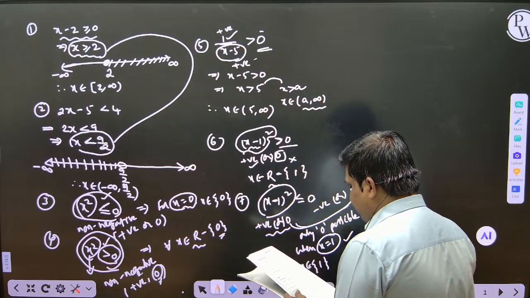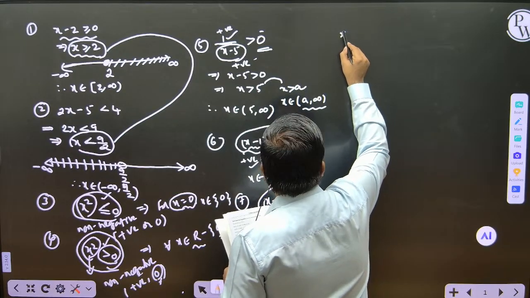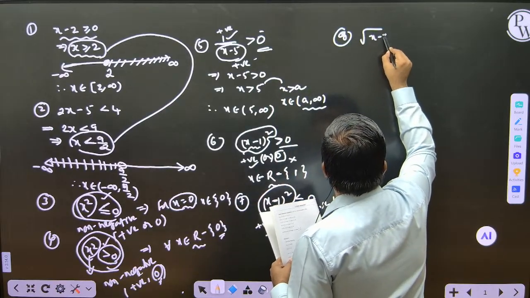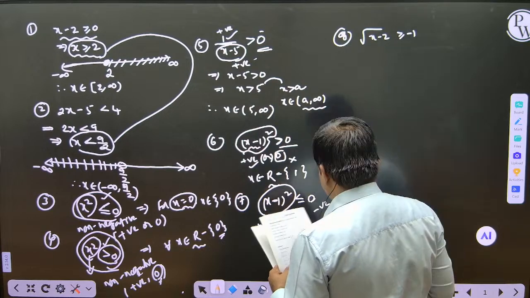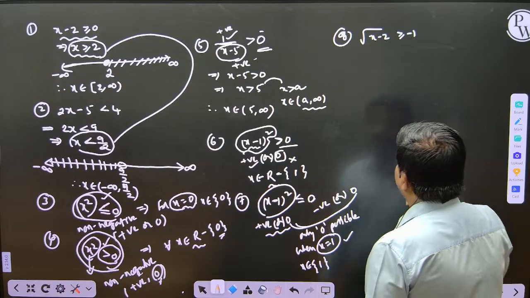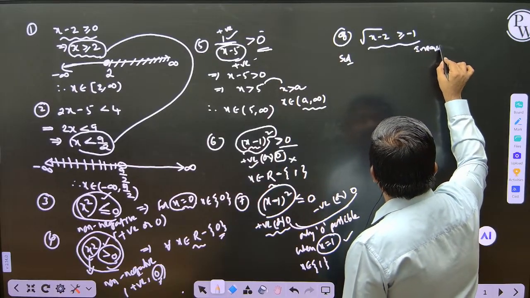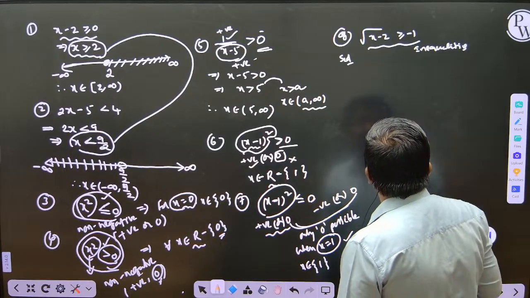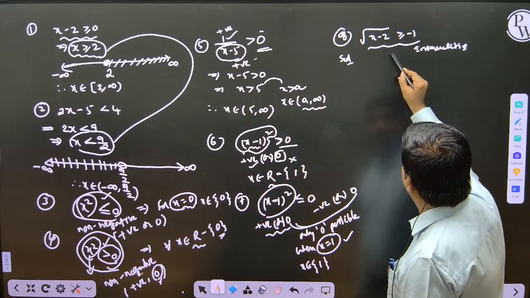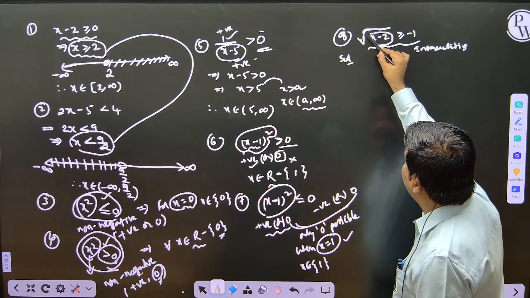Now next we look at number 8. What is given to you? Root of x minus 2 greater than or equal to minus 1. Before solving this kind of inequality, because it has a square root, we first need to check when the square root is defined.